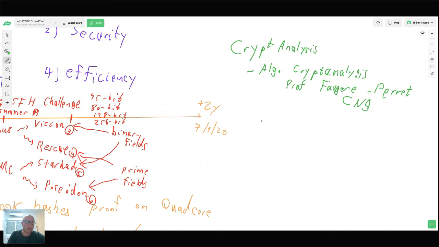So early constructions from the Marvelous family had serious problems. Those were called Jarvis and Friday, and GMiMC and to some extent Poseidon had things that were unpleasant, not quite an attack, but things that didn't look quite right.